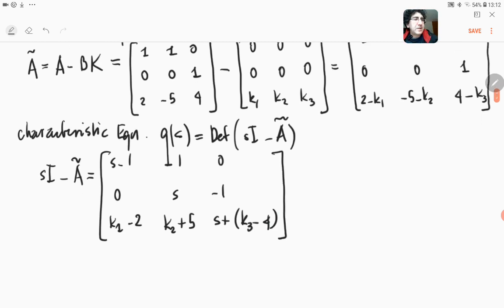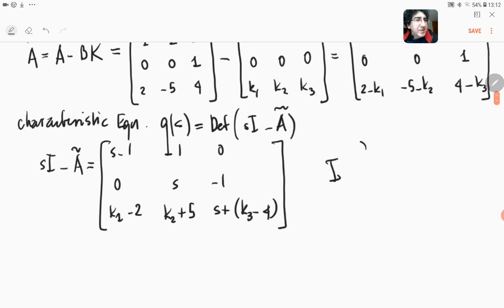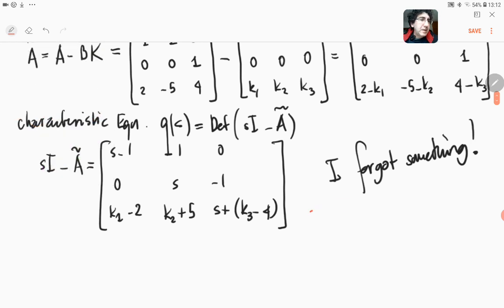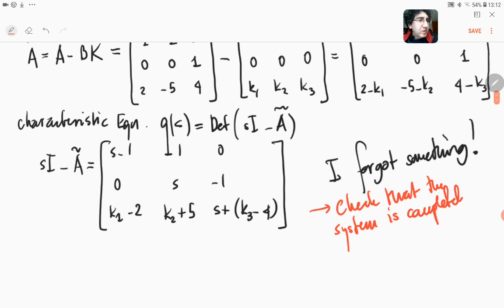Now, I forgot something. What is that? Basically, I forgot to check that the system is completely controllable.